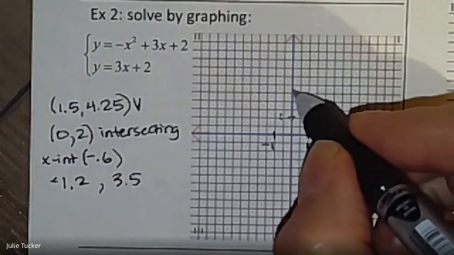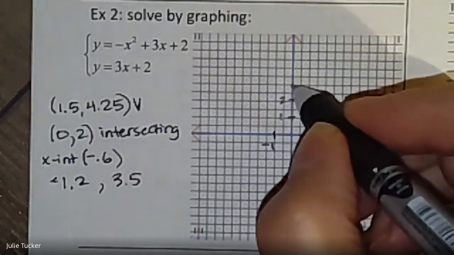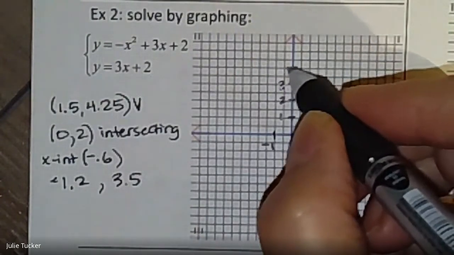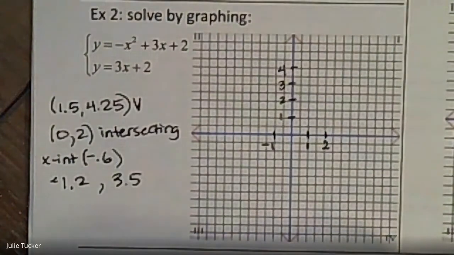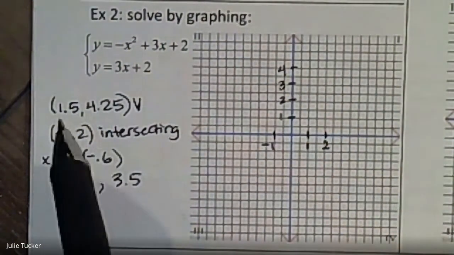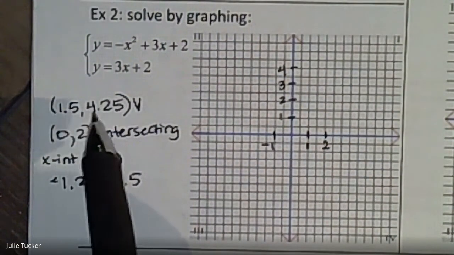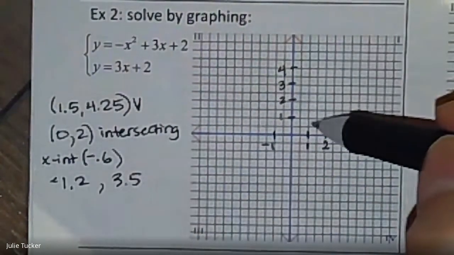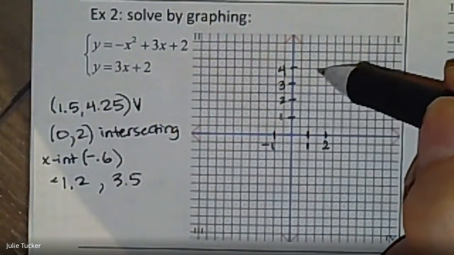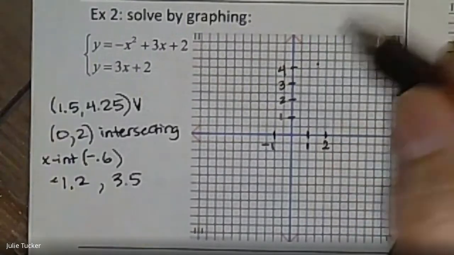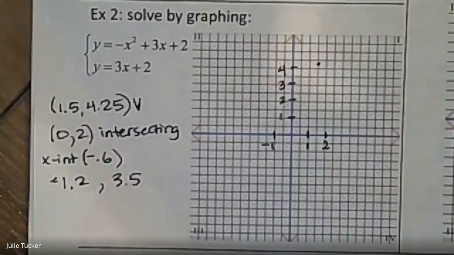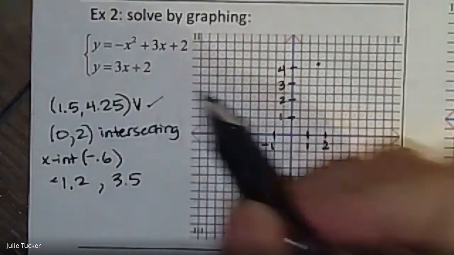This is 1, this is 2, 3, 4. Since my vertex is 1.5, comma 4.25, that would be right here. That's my vertex.